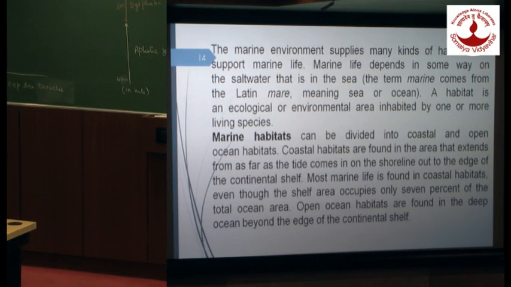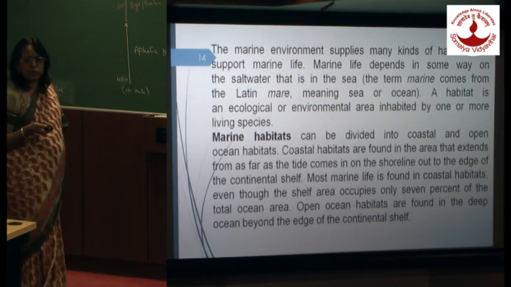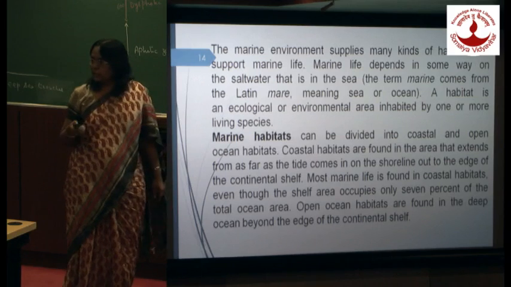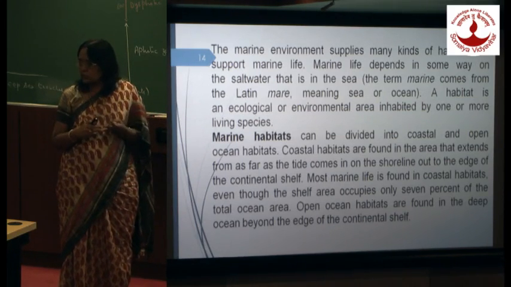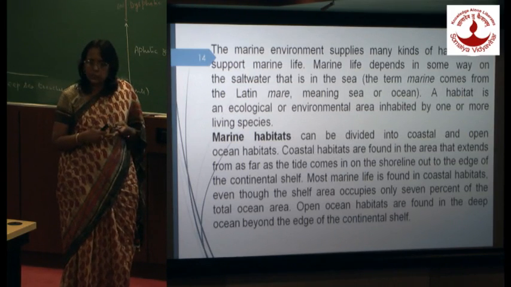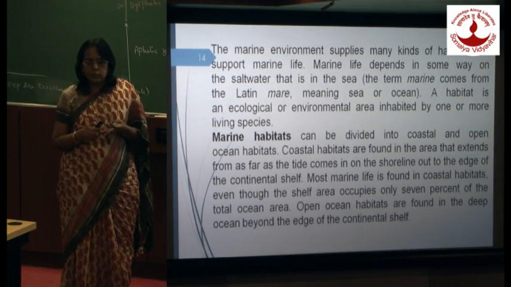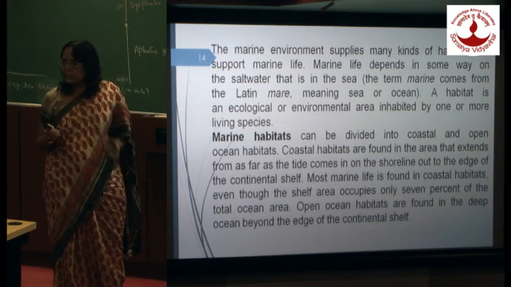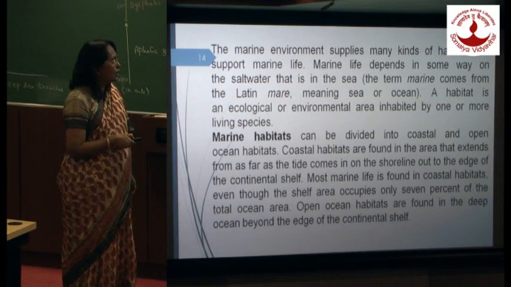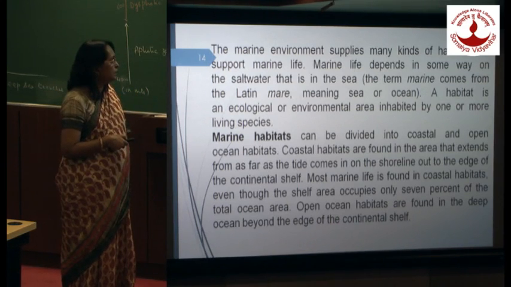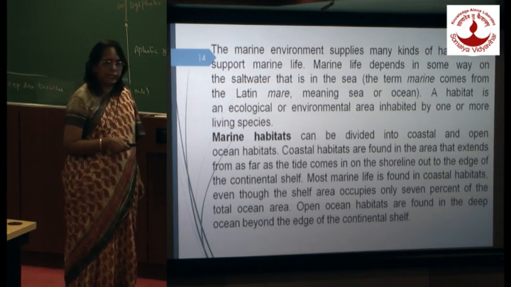Now see, even our shores are of different types, and accordingly there are animals. Sandy shore will have different types of animal, rocky shore will have different types of animal, muddy shore will have different types of animal. So wide diversity among animals exists in this environment. Open ocean habitats are found in the deep ocean beyond the edges of continental shelf.